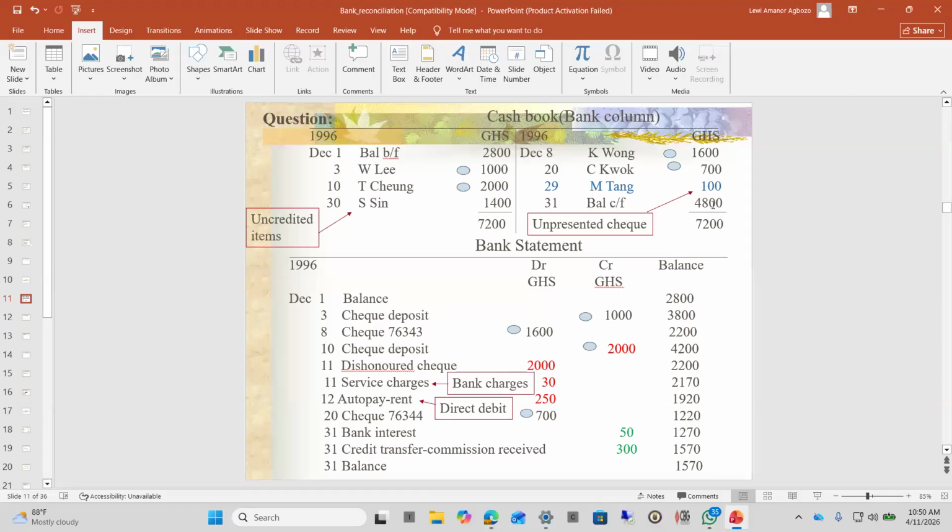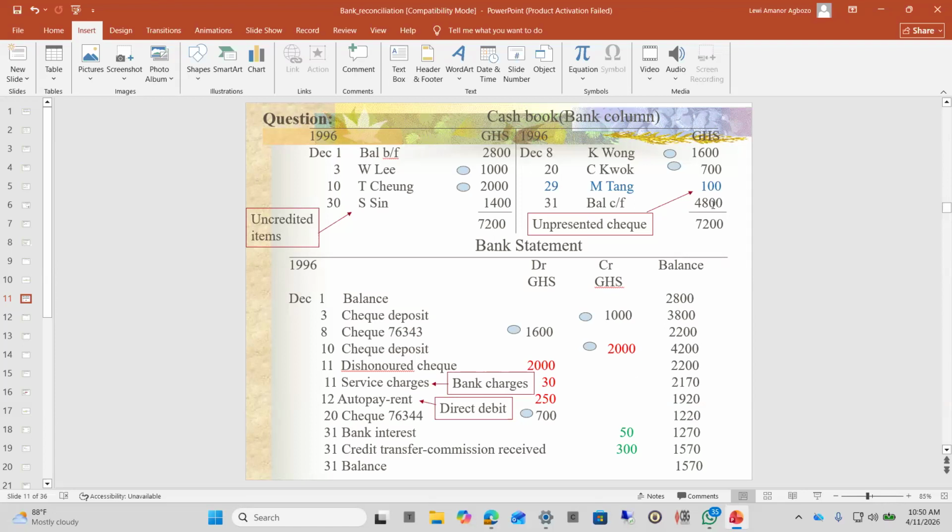So what it means is that you have reduced your bank balance by that figure in your cash book. So the bank will be more by that figure than the cash book.